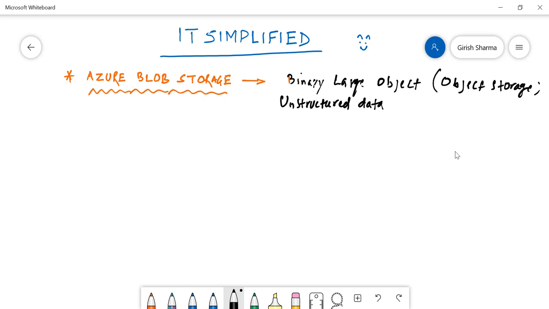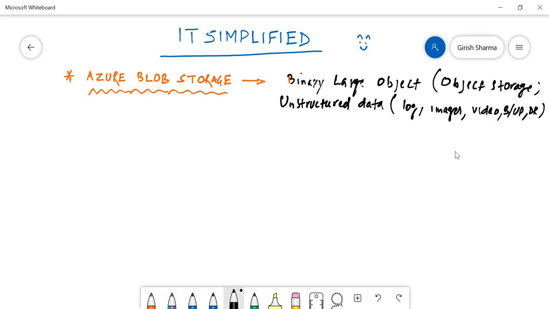And that is where it makes it more interesting, because you can use this to store maybe log files, images, videos, backup data, and any on those lines you can use Azure Blob storage to store that.